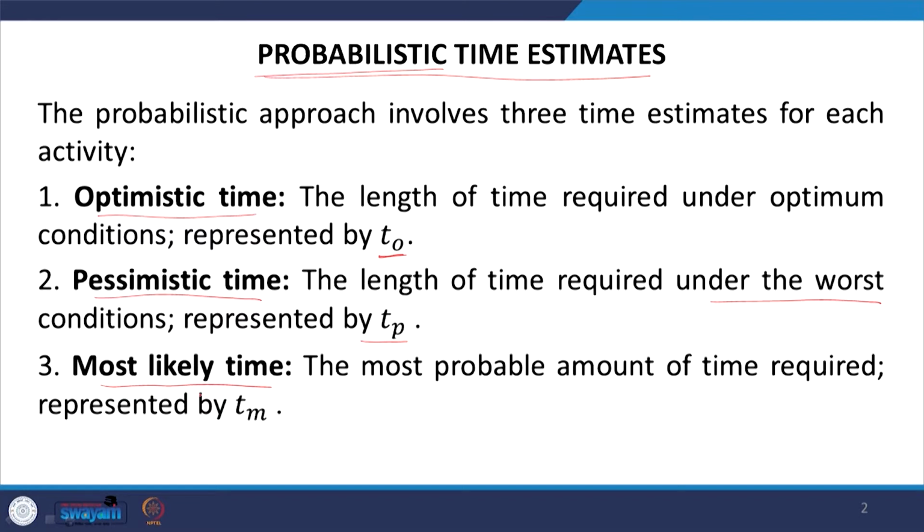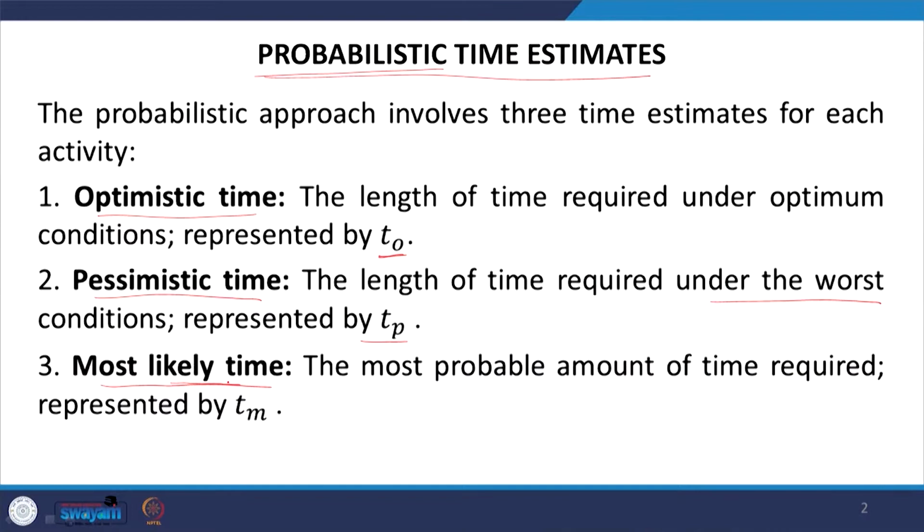And most likely time, because the happening of any activity is a combination of optimistic and pessimistic conditions. Some conditions may be favorable, some conditions may not be favorable. So, based on that we also know the most likely time estimation of completing a particular activity, which is represented by Tm.